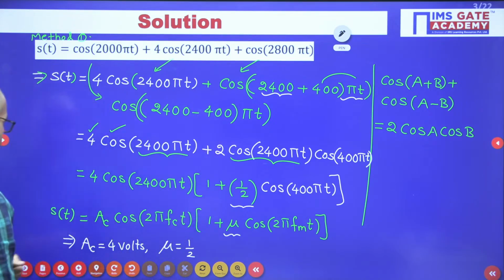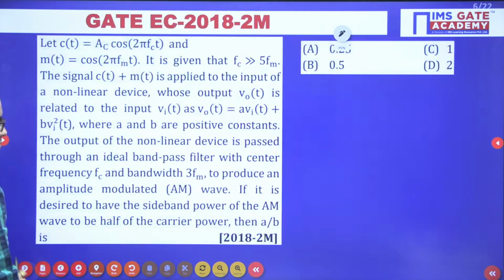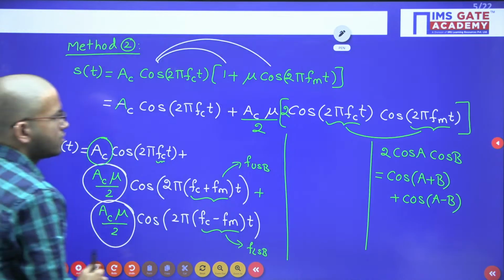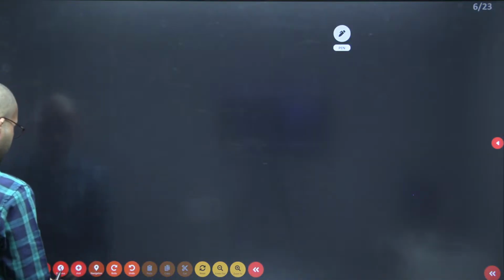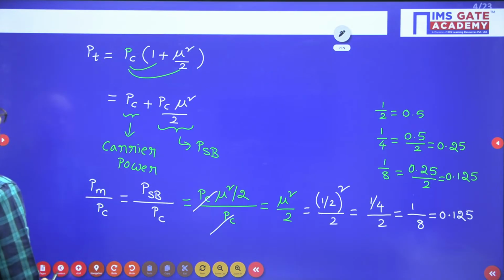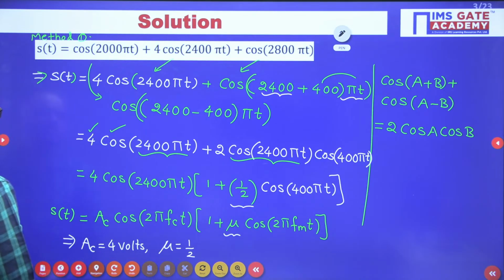Once again I am writing the given equation.